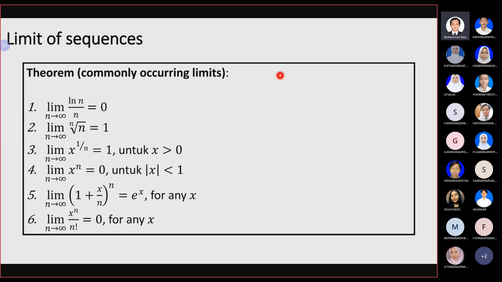And we also have this list of commonly occurring limits.